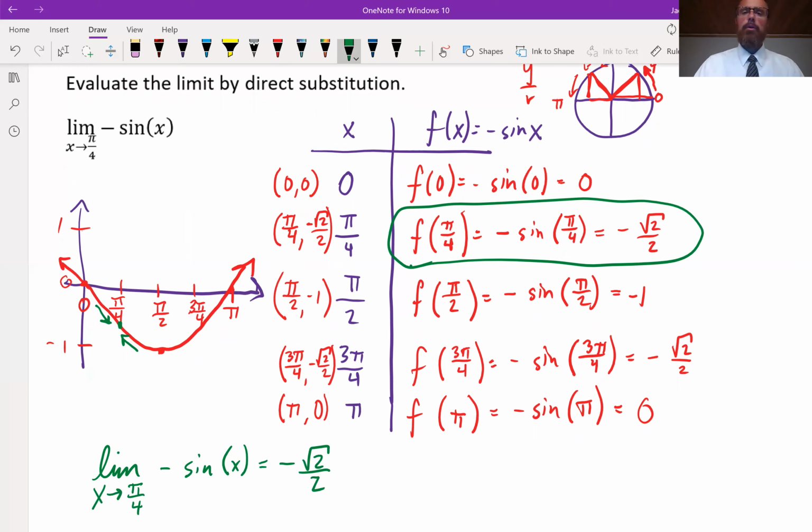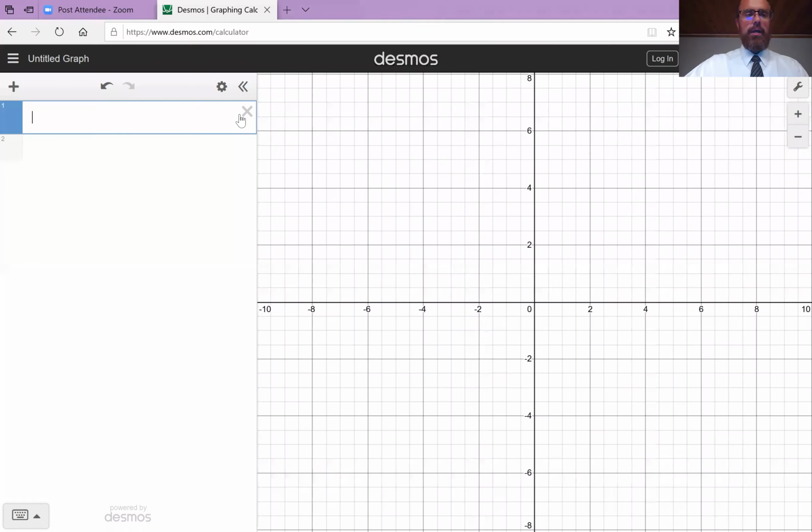Let's get a decimal approximation. So that's again a good use for Desmos. Really difficult to calculate the square root of a prime number just by hand. So let's just calculate negative square root of 2 over 2.